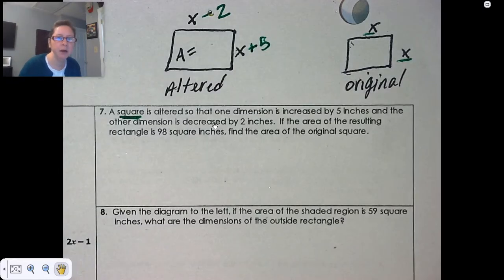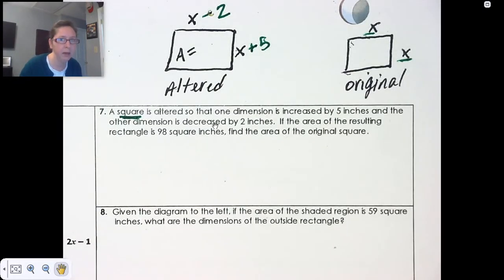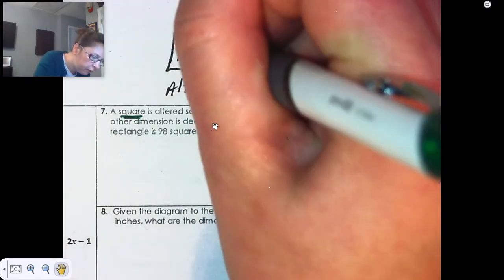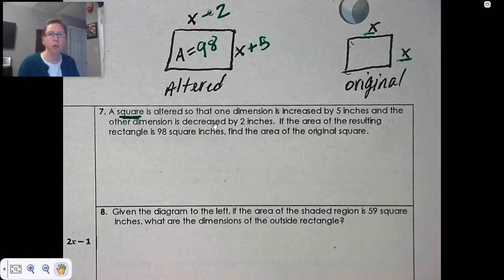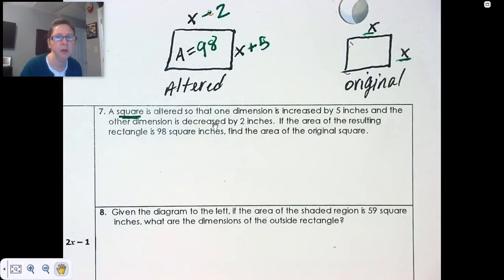If the area of the resulting rectangle is 98, so let's include that as well, okay? We need to find the area of the original square. So we're going to use this altered rectangle to solve for x and then plug it in here, okay?